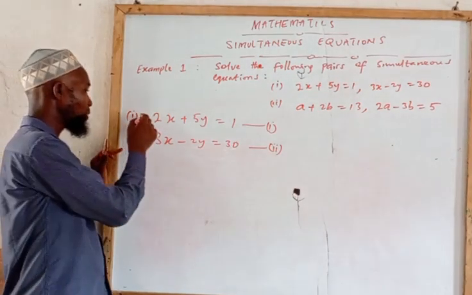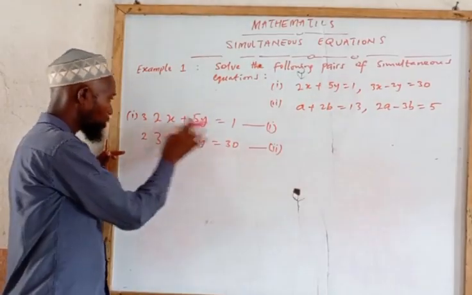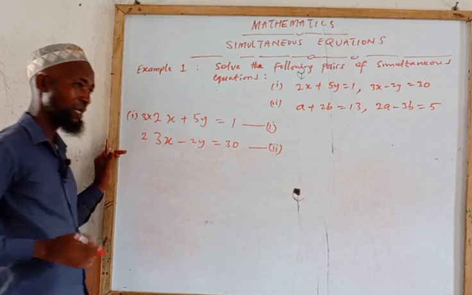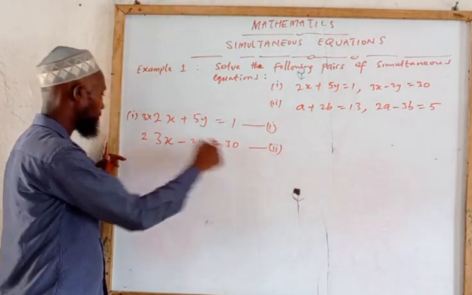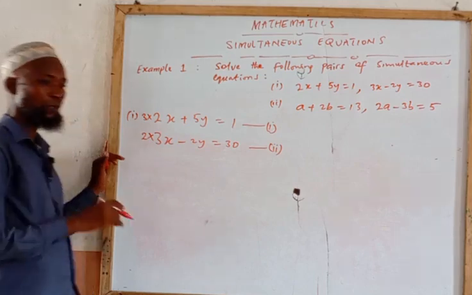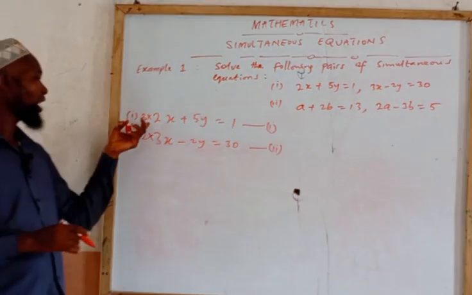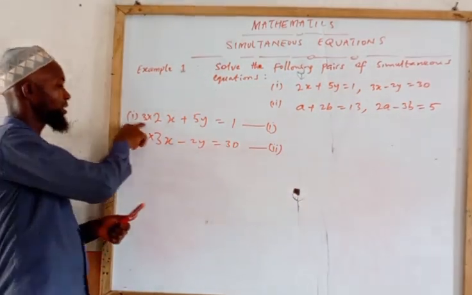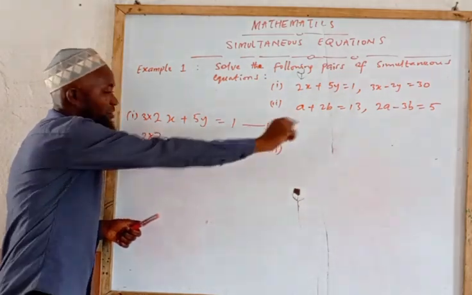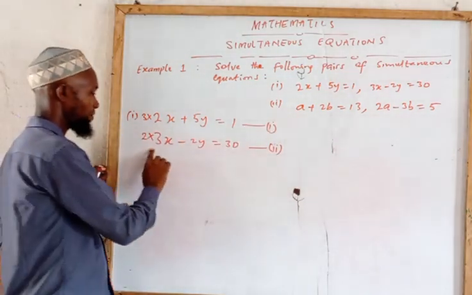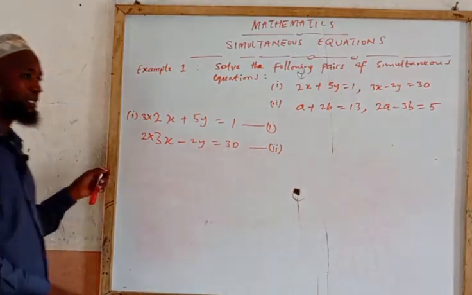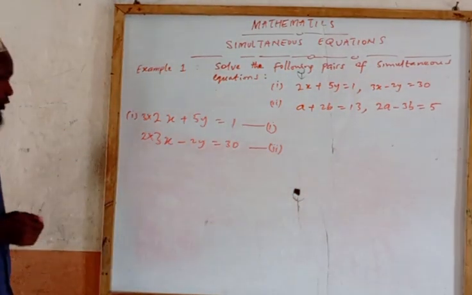In between this number and my equation 1 will be a multiplication sign. In between this newly introduced number and the rest of equation 2 will also be a multiplication sign. So since I have multiplication sign, this 3 here will now multiply everything in equation 1. Same thing happens here. This 2 I have here will multiply everything in the second equation.